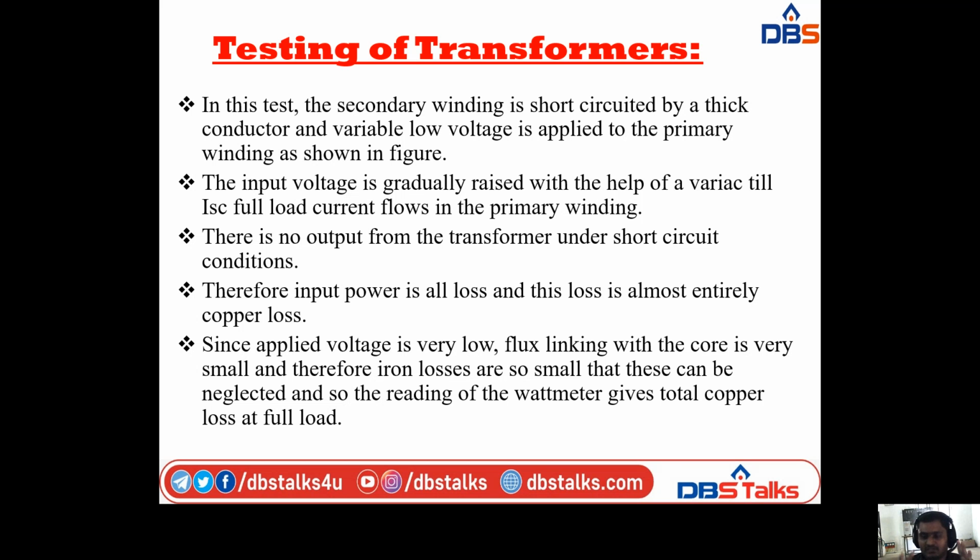There is no output from the transformer under short circuit conditions. Therefore input power is all loss, and this loss is almost entirely copper loss. Since the applied voltage is very low, the flux linking with the core is very small, and therefore iron losses are so small that they can be neglected.